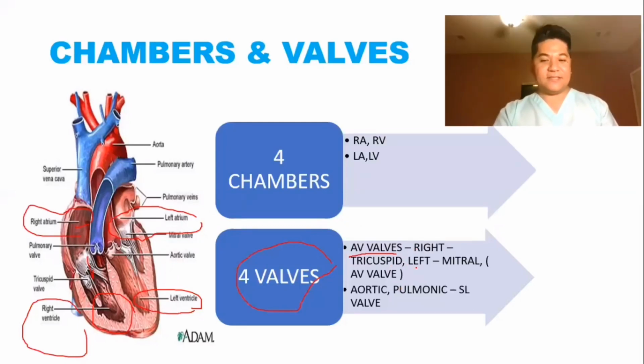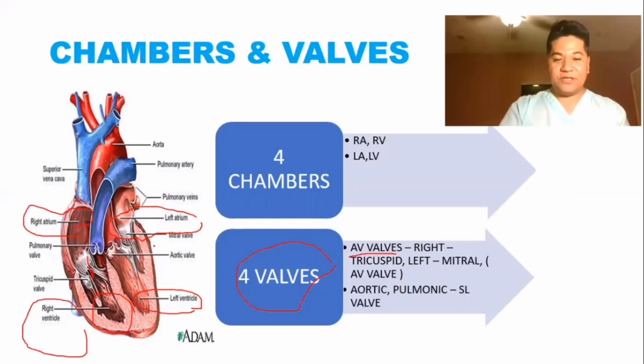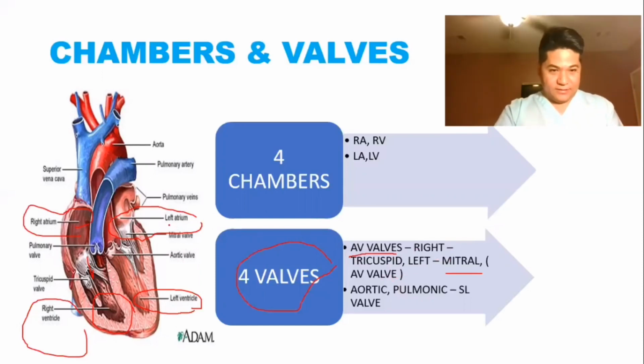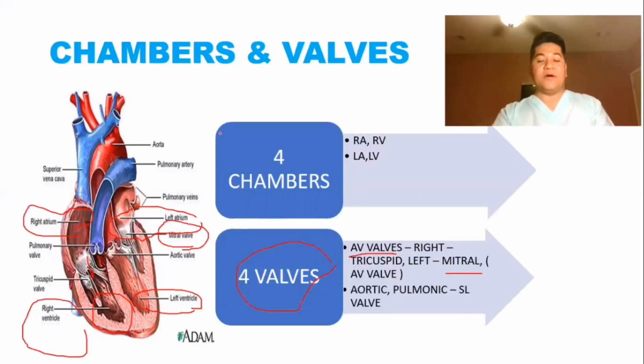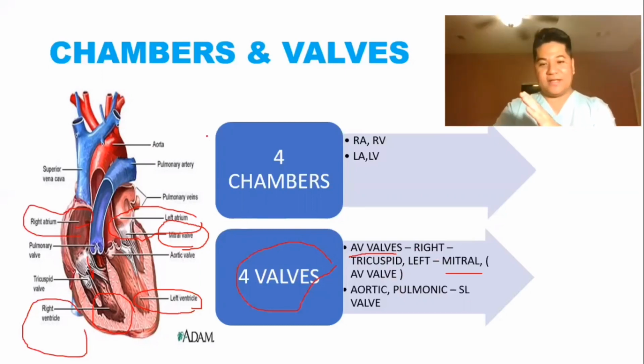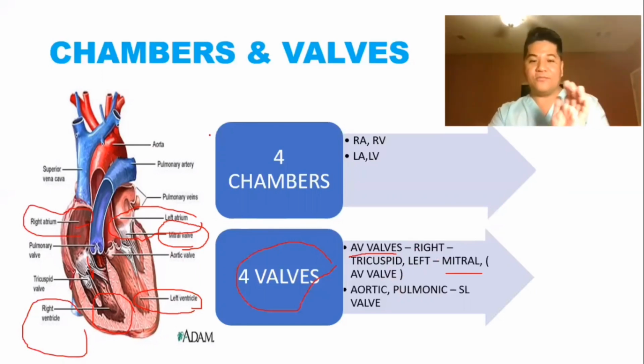Now on the left side is the valve with 2 cusps, which is the mitral valve. It's located between the left atrium and the left ventricle. We also have the valves on the aorta and the pulmonary system, the pulmonary or to the lungs: your aortic valve and your pulmonic valve.